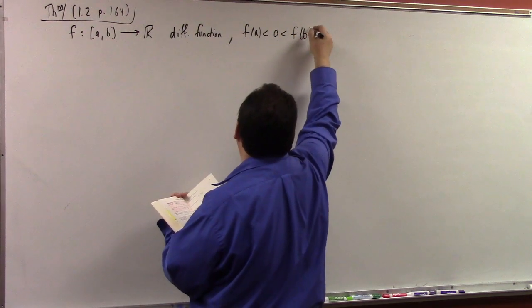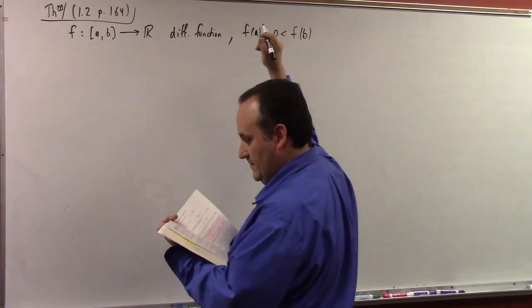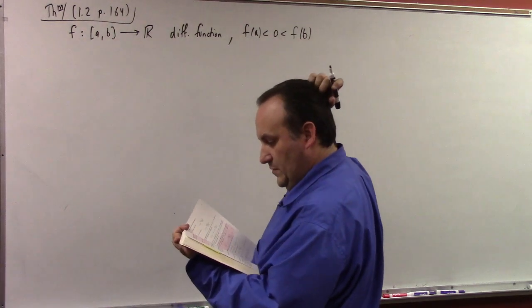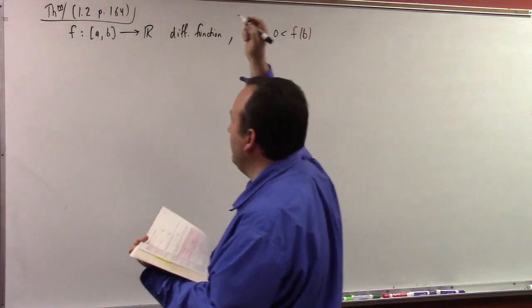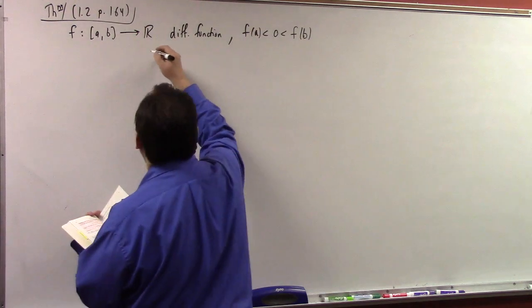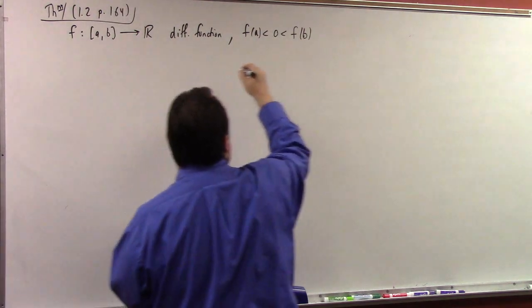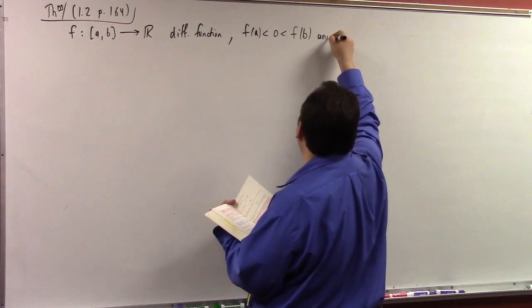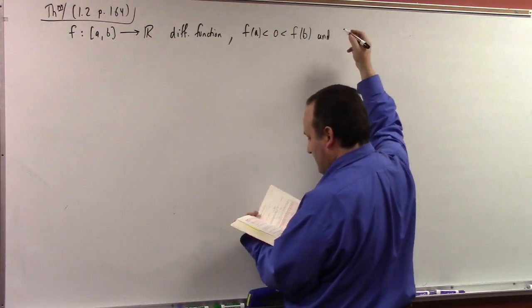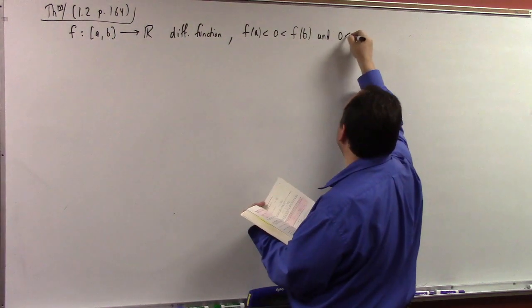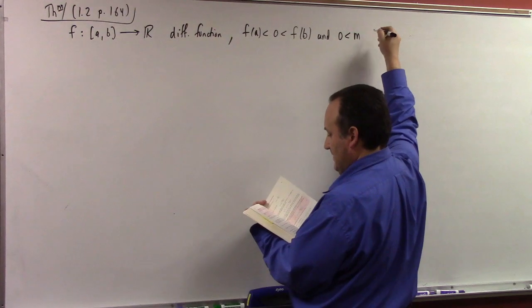So that tells you right there that there's hope, all right? There's hope, what? What does that criteria right there tell you about this function?